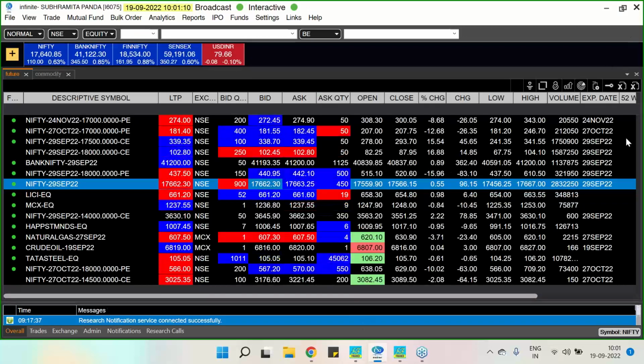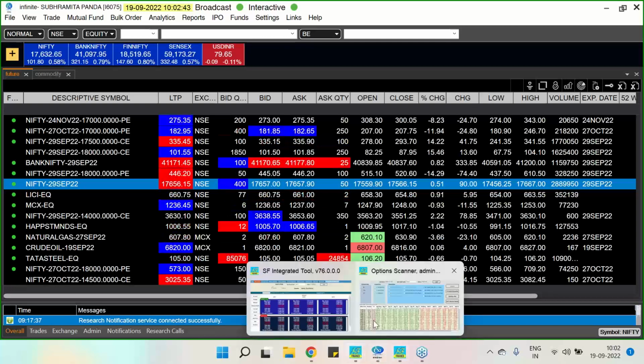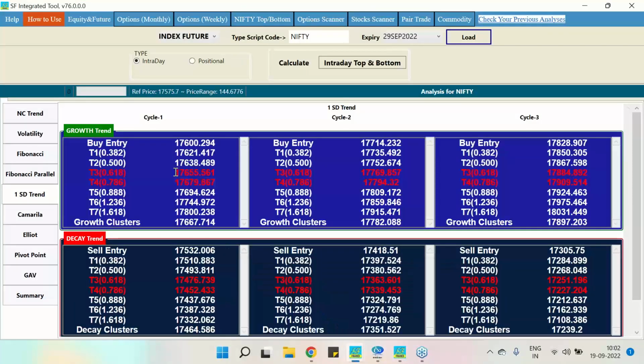Anybody with any further query can ask me. During the session itself, we are getting the first target crossover at 17,656. If it gives you 17,680 above, then we can go for the higher targets.